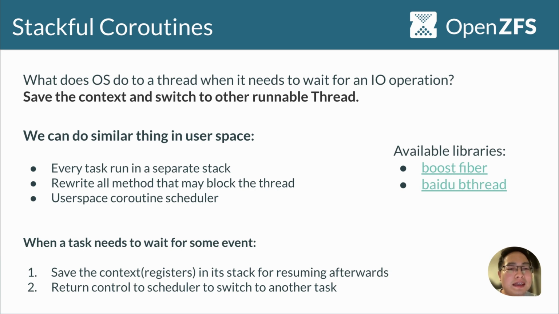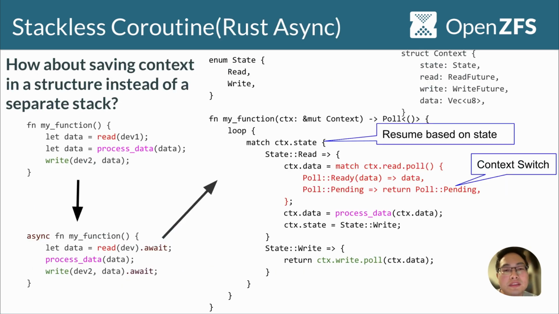But the difference is that coroutine switch does not need to trap into the kernel. This difference eliminates the most significant part of thread switch cost. Furthermore, stackful coroutines use stacks to save context. What if we save the context using state machine?